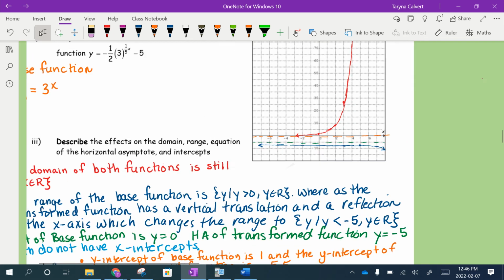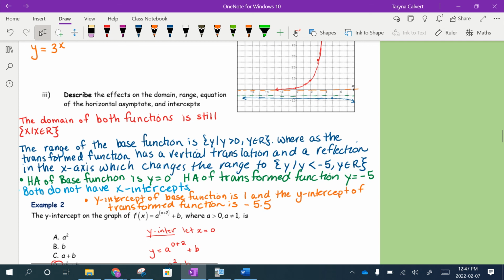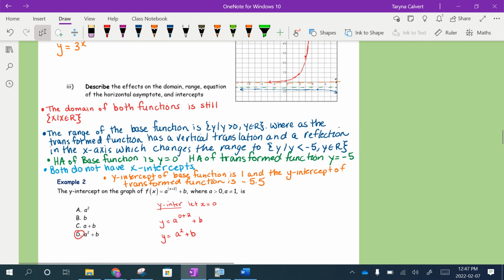So that's why the range changed. That was almost a tongue twister, right? So range went from greater than 0 to less than -5, and you can see that from the graph that you guys graphed. And then obviously the horizontal asymptotes changed. So I'm not going to worry about that.